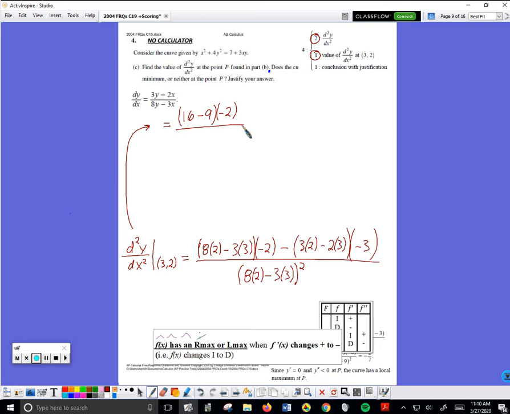The bottom would have been 16 minus 9 all squared. The numerator is factored. Factors are 16 minus 9 multiplied by negative 2. The bottom is 16 minus 9 multiplied by 16 minus 9. That means those two factors can divide. And you're left with negative 2 over 7.